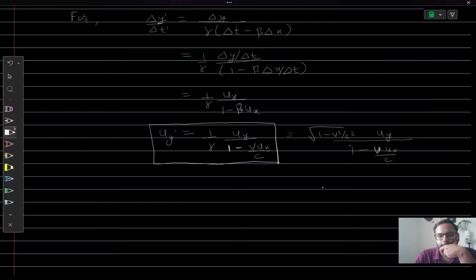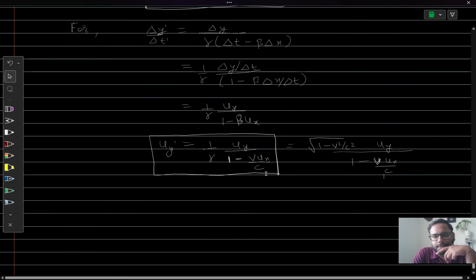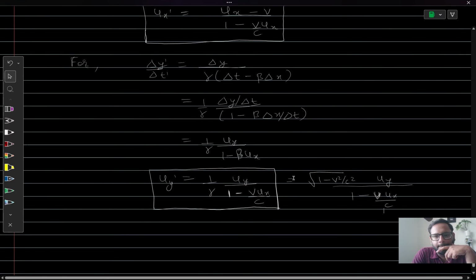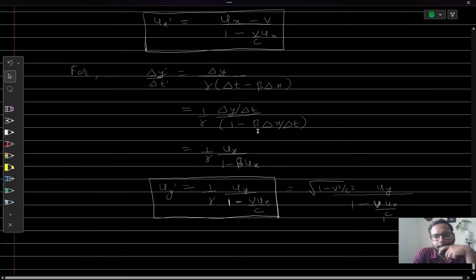So what is the difference? It should be c squared, right? v by c got cancelled. This is of the same dimension. There should be a c squared factor. Let me check it again.